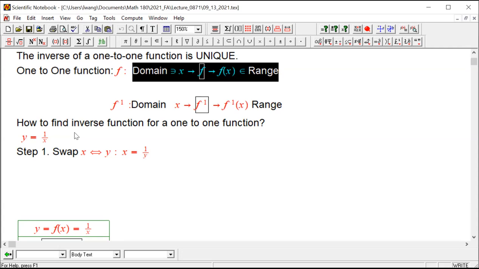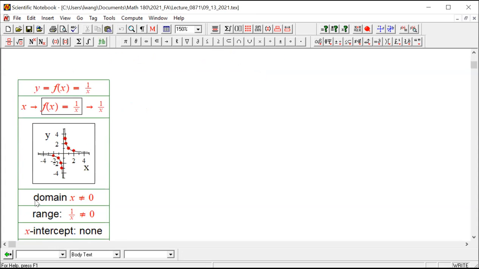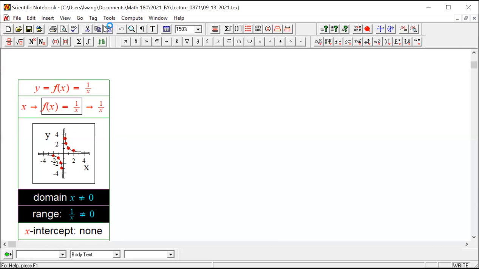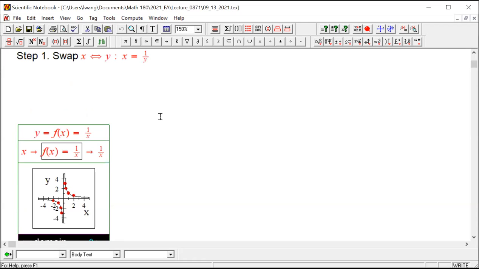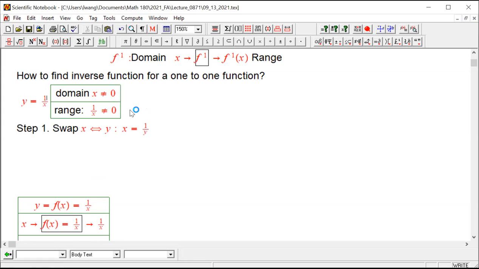Because f has a domain. This f, what's the domain, what's the range? This is the domain and this is the range. So we have domain, range. The domain range was here, this guy.